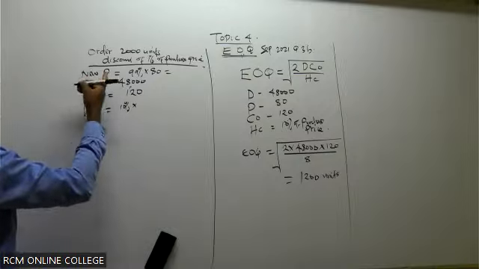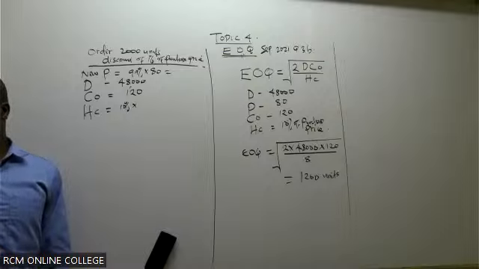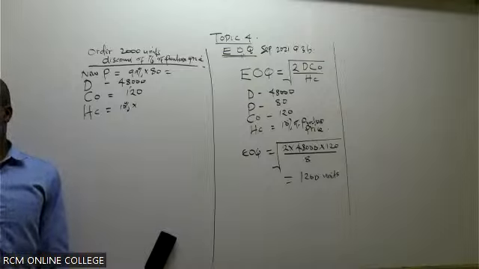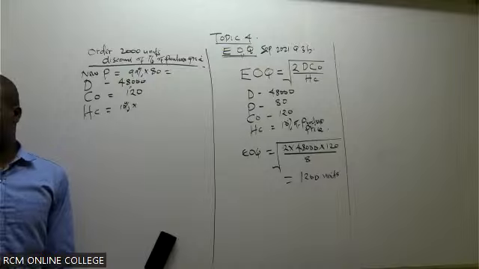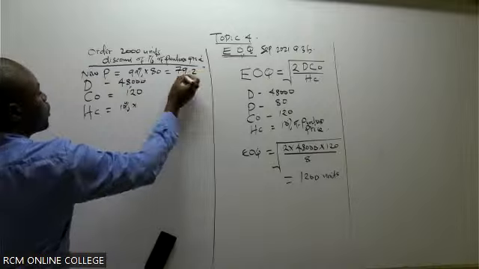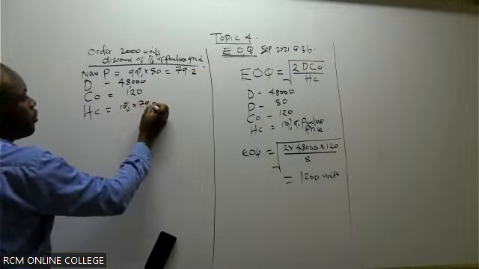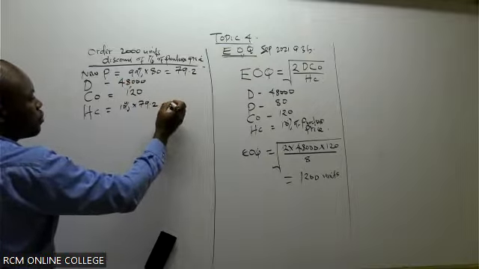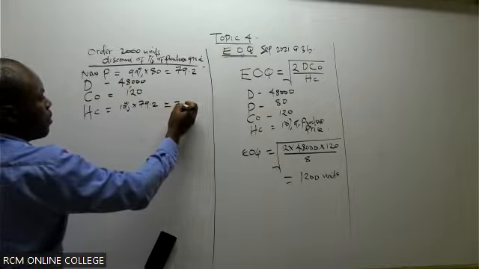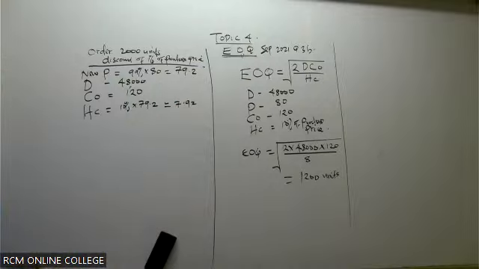So can you give me the new purchase price? That is 99% of 80. 79.2, is it? 79.2. It means our holding cost here is going to be 10% of 79.2, which I think will give us 7.92.